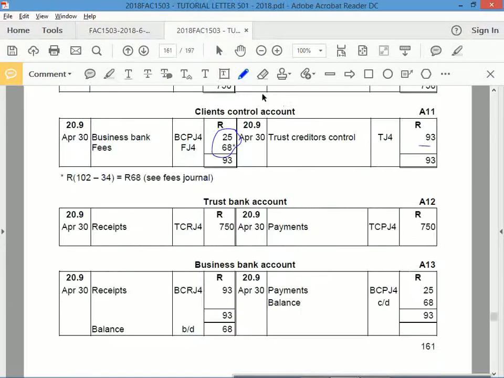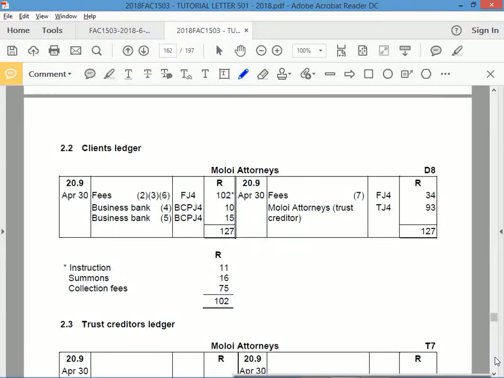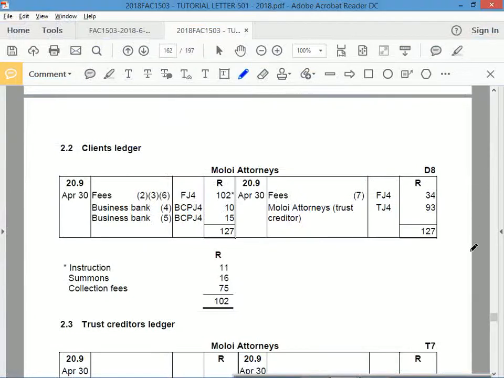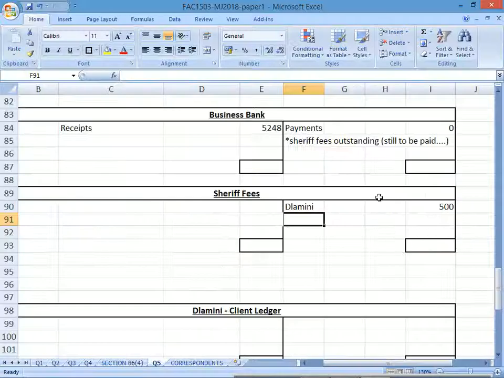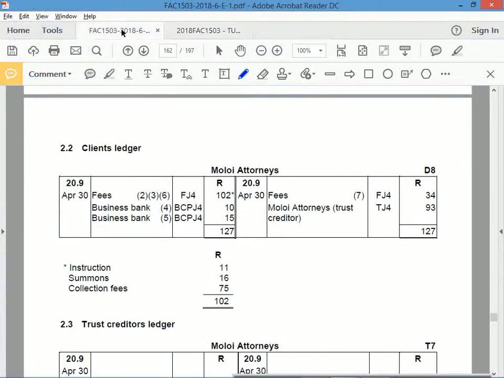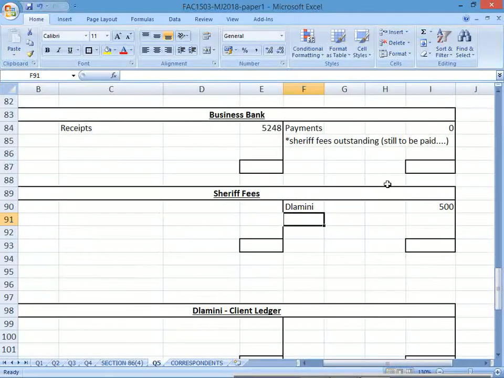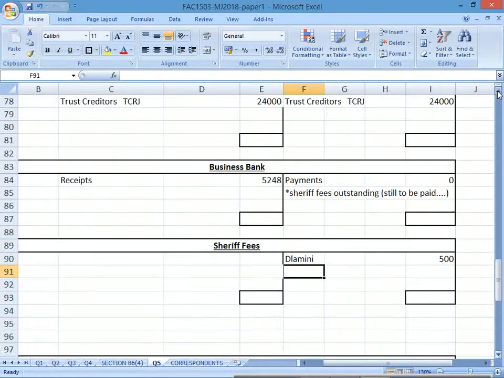Okay, this one, let's just check it as well, just to make sure. Okay, the 34 and the 93. So our 93 was the total, which was the 65 plus the 25. So those two added together. So for our working here, this one is going to be the total which we had earlier.